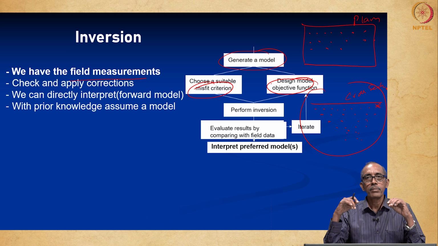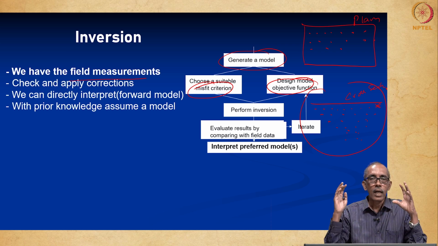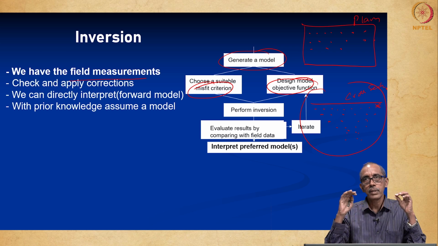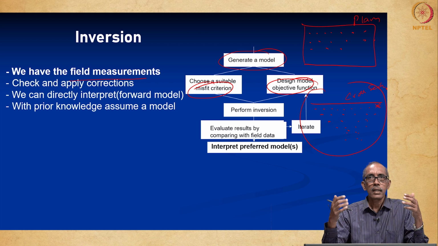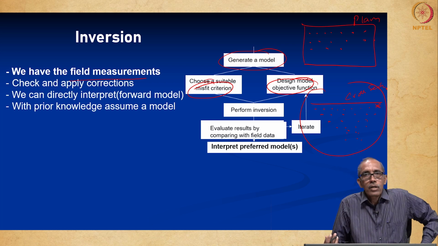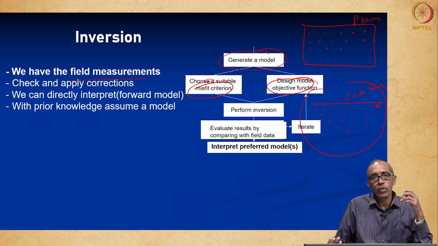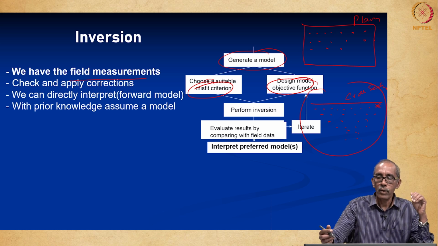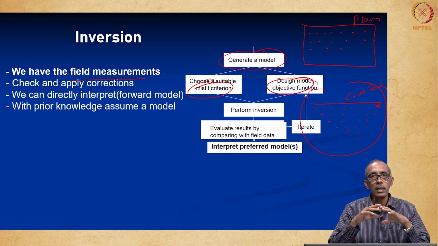That means your objective is to check whether your assumed model exists there or not, so you have an objective function. The objective function can also be a kind of misfit criteria, maybe like correlation coefficient or root mean square error, and your objective is to come out with the geological model of the subsurface.